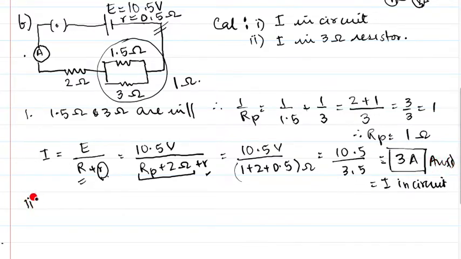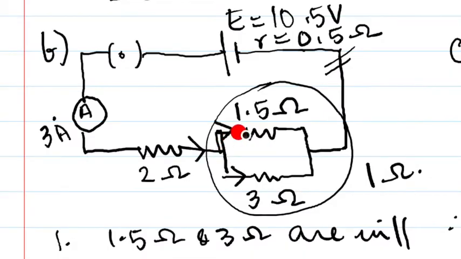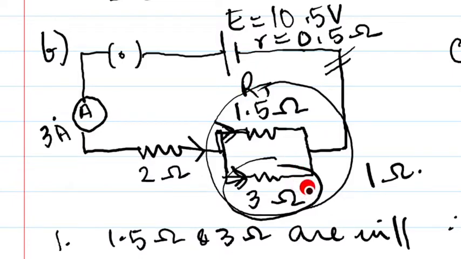For the second part, we have to find the current in 3 ohm resistor. Now the current in the circuit, that is 3 ampere, is going to go into two branches now, and we want to know this one. So if you call this as R1 and we call this resistance as R2, then let the current in R1 be I1 and the current in this become I2.